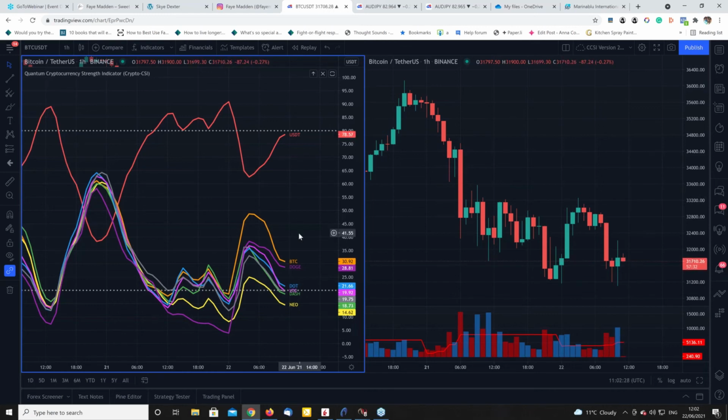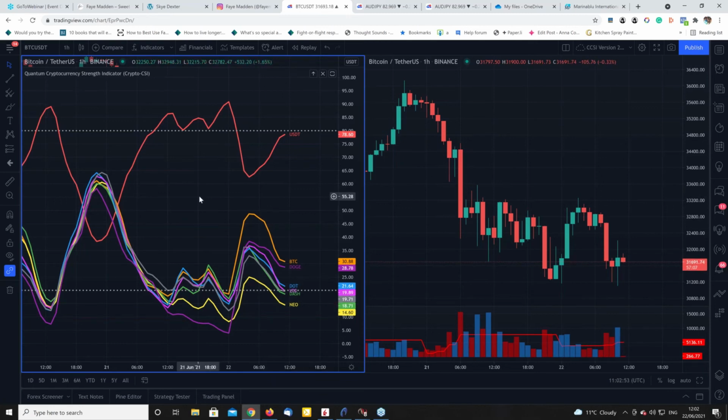They are quoted against the dollar as well, but these are all quoted against tether. So we've basically created this indicator against tether. You've got the cryptocurrencies down here, so they work in exactly the same way as on the CSI, where you get individual strength and weakness, but obviously this is a cryptocurrency pair, if you like, rather than individual currencies on the CSI.